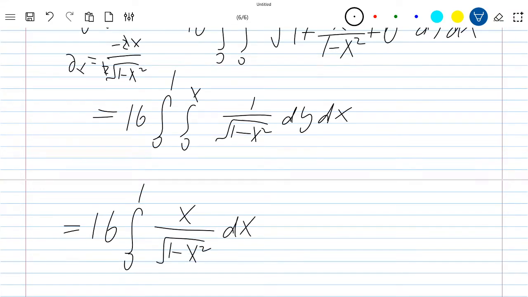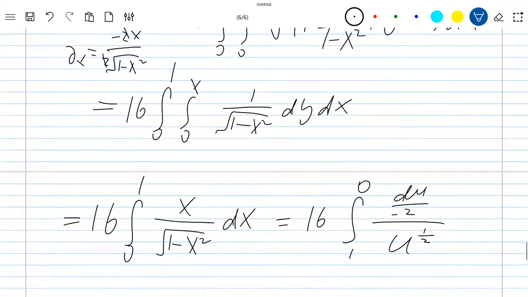See, it's very similar. We can still do the same u substitution. Then you have 16, and this is du over 2, but our u is in the denominator now. And then, oh sorry, negative 2, and u is from 1 to 0, right?